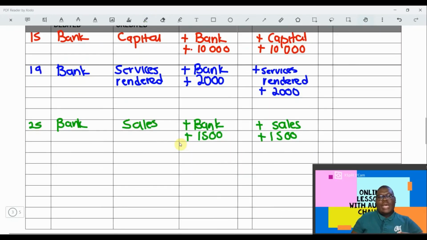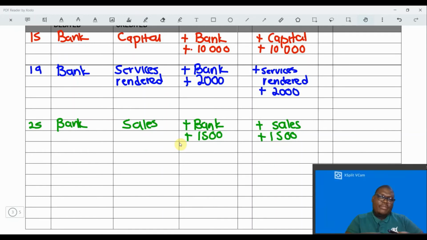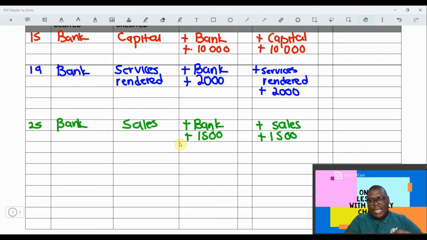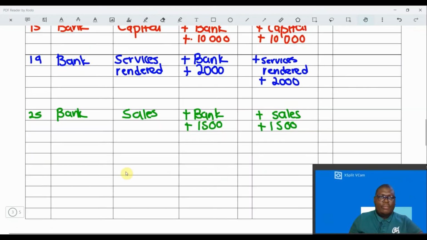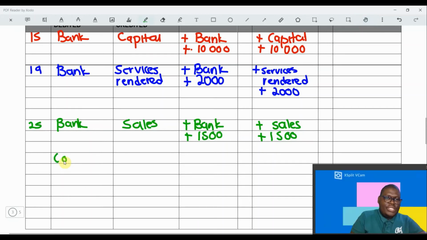And then now remember, I spoke about two accounts being affected here. We also have to show the effect on the cost price as well as the inventory, because remember, we are selling some things. Okay, so in this case, because we have sold, the account that gets to be debited is cost of sales.